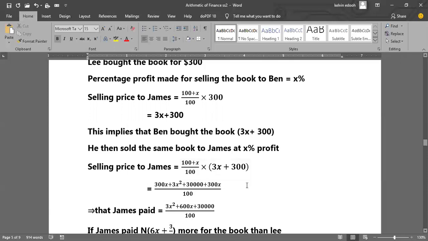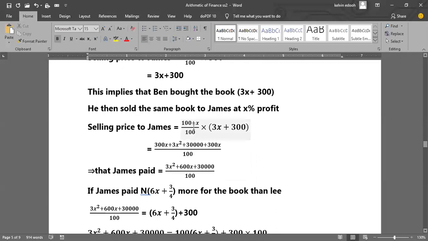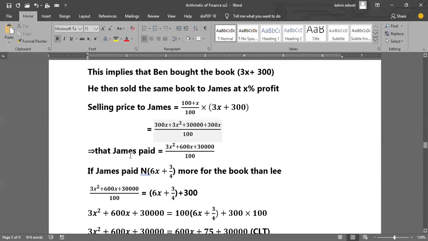This is the cost price, so that will be this. If you solve this out, remember everything is about 1, so you have 100 times 100, multiply this out, and you'll have this up here. Now, James paid this amount; it cost James this amount.